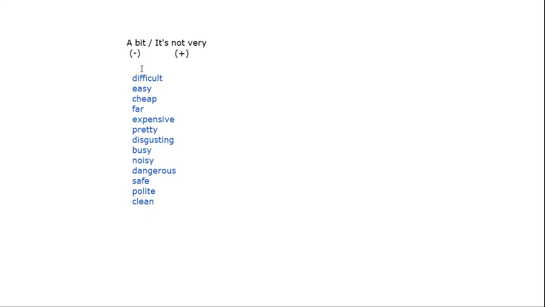So, ¿cuál de los dos tiene un significado como afirmativo y cuál sería un negativo? A bit easy. It's not very difficult. I would say the opposite. Vamos a utilizar los contrarios. Miren, el a bit vamos a utilizar para que no suene tan rudo o tan feo algo que tiene un significado negativo.